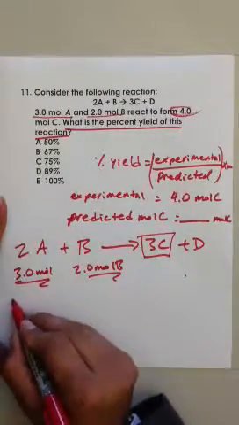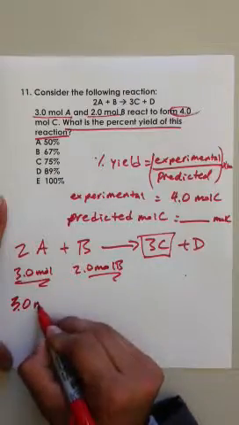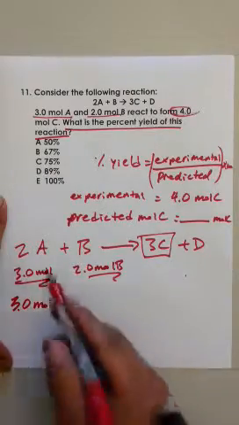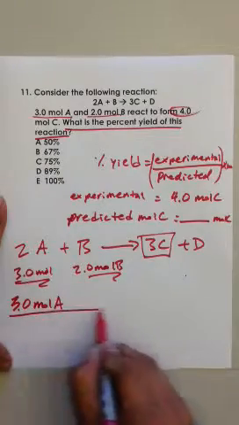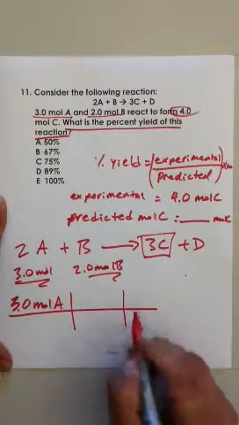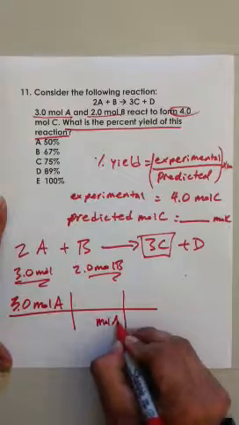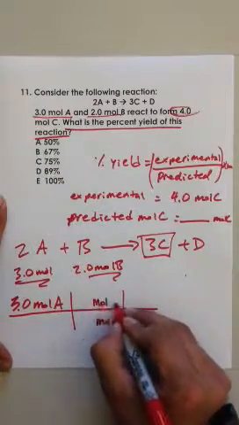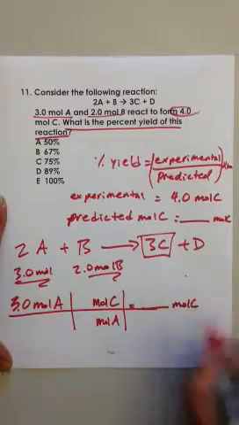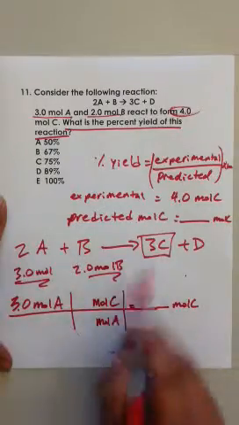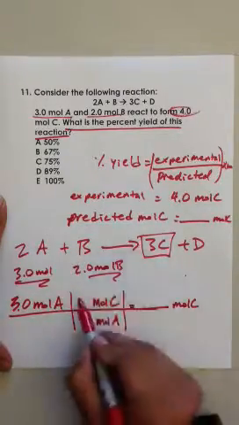Let's start out with 3.0 moles of A. And we don't need to know what it is. We just know we need this ratio. Moles of A, moles of C, and we're going to see what moles of C we get. So what's the ratio of A to C? 2 moles to 3C.